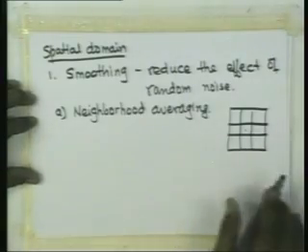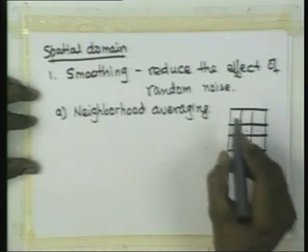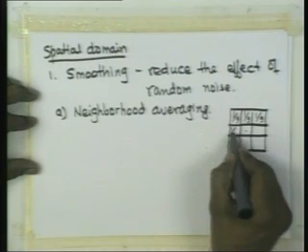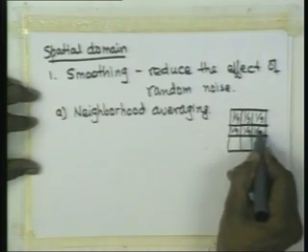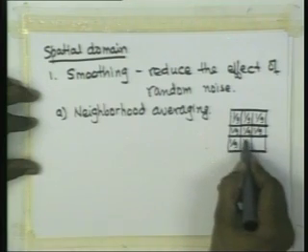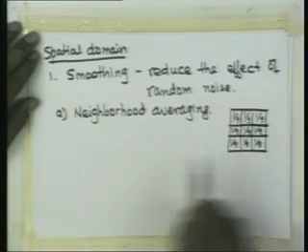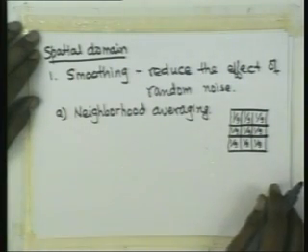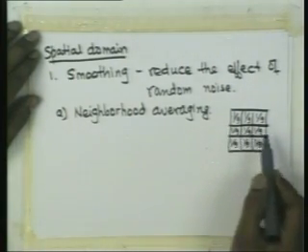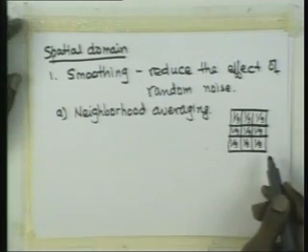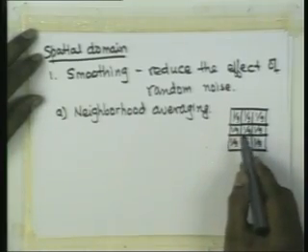So if I take a 3 by 3 template, then the weights I should give is what? I should give 1 by 9 in each of these cells. Okay, so automatically when I place this mask on different parts of the image, then each of the intensities will get multiplied by 1 by 9, and then we will sum it all together. So it will give me the average intensity, and then that will become the new intensity at the center pixel.